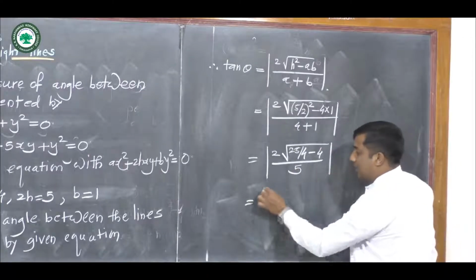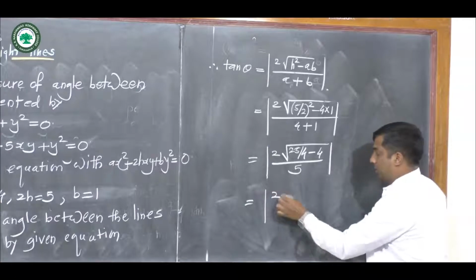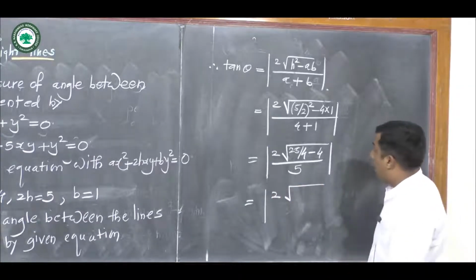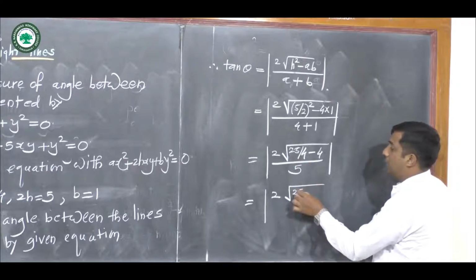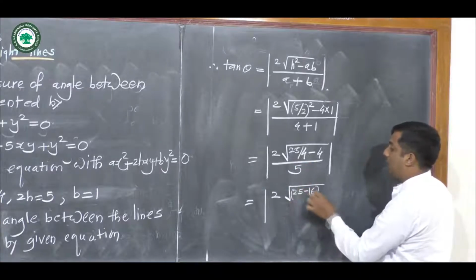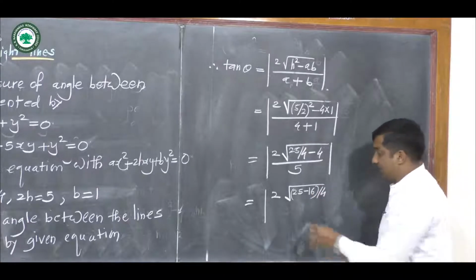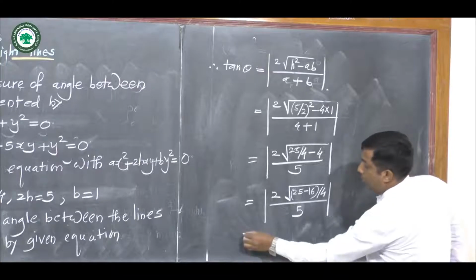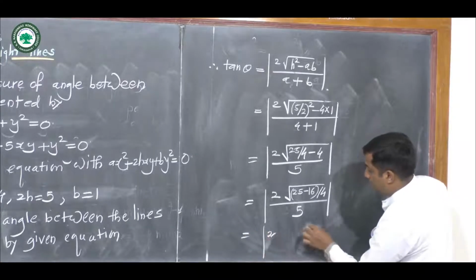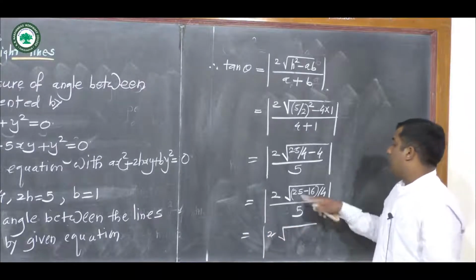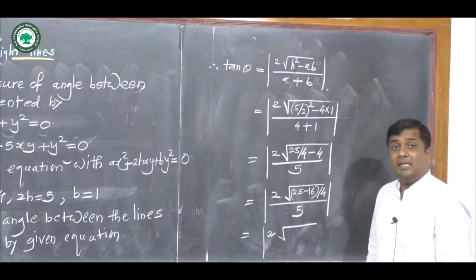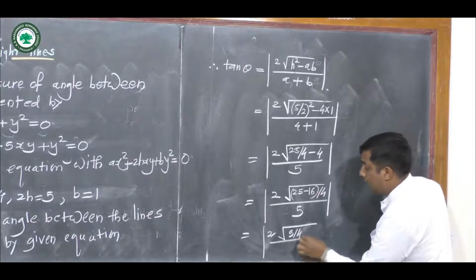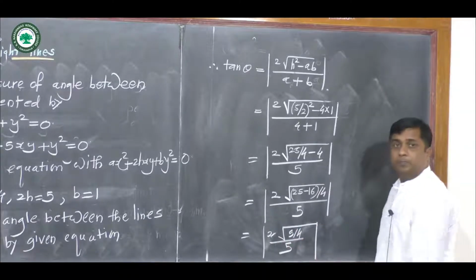Now this is equal to inside the mod 2 into square root of, we know 25 by 4 minus 4 is 25 minus 16 upon 4, this divided by 5. This is equal to inside the mod 2 into square root of, we know 25 minus 16 is 9, so we get inside the square root 9 by 4, this divided by 5.